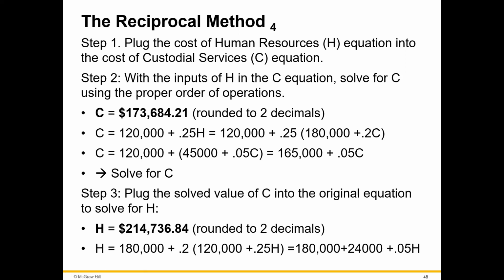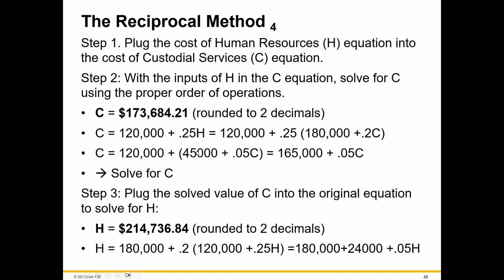But basically, what we do here, taking that H and substituting it for that 180,000 plus 0.2C, I plugged that in there, and then I solved for C by isolating the custodial cost off to one side, which gets to 120,000 plus $45,000, which is 25% times the 180,000, plus the 0.25 times 0.2C, which is 0.05C.